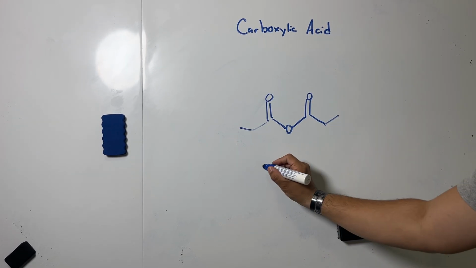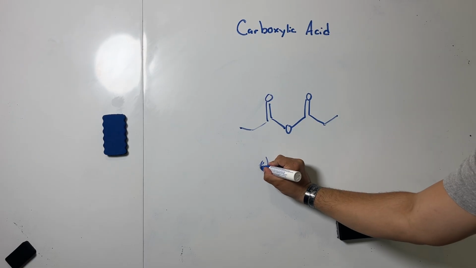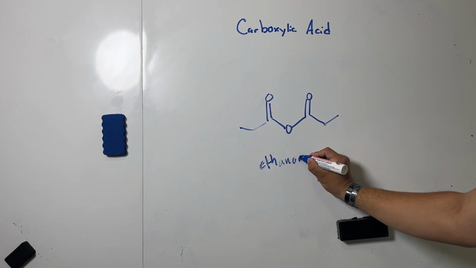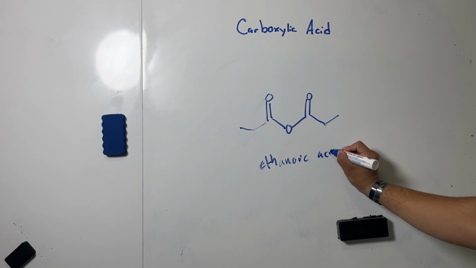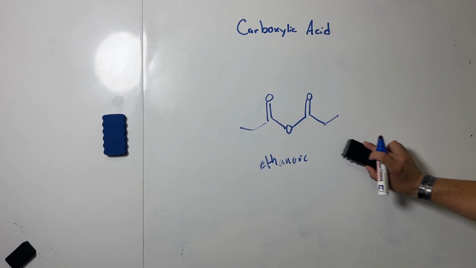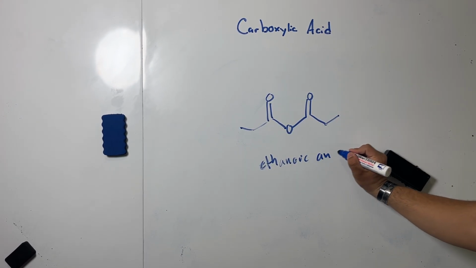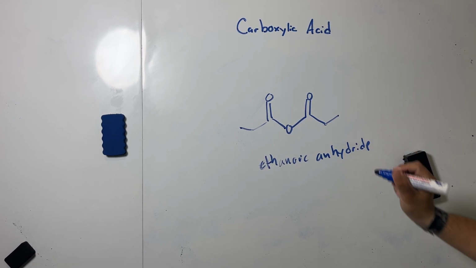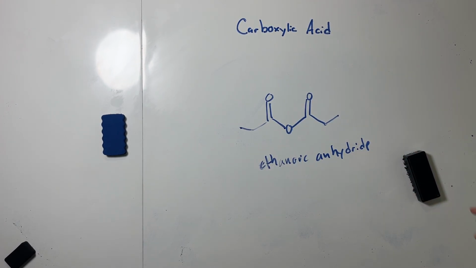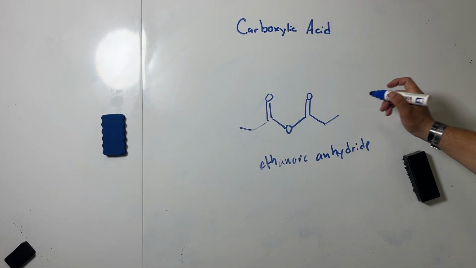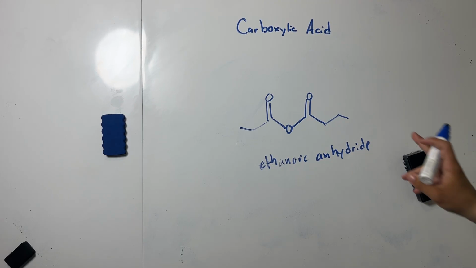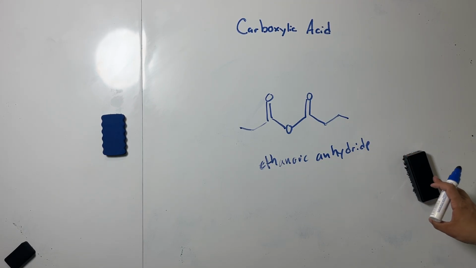So this would be ethanoic acid, and yeah, my pen is on its last leg. Ethanoic acid. We'd remove the acid portion and say anhydride. Now, if this was not symmetric, so say, or actually, I'm sorry, these wouldn't even be ethanoic acids.